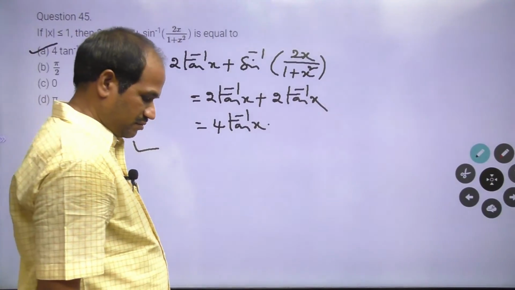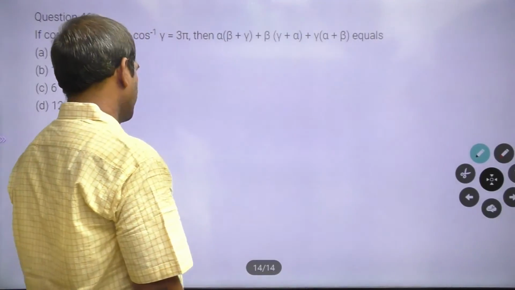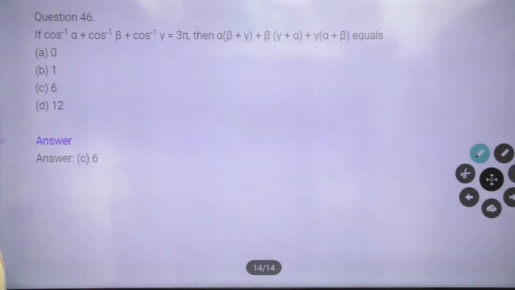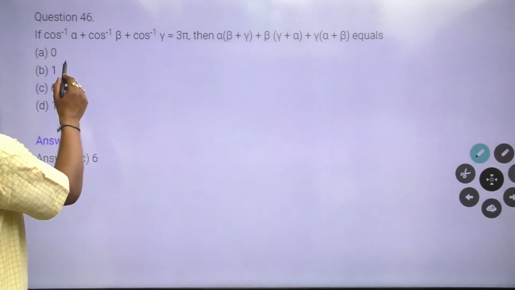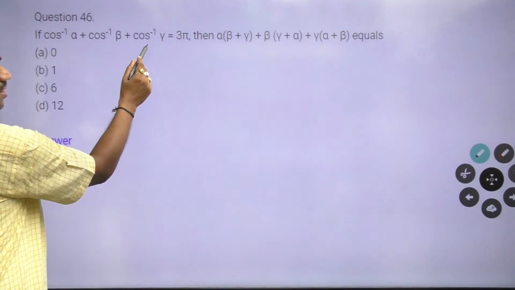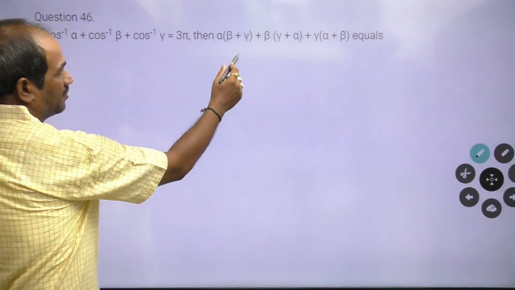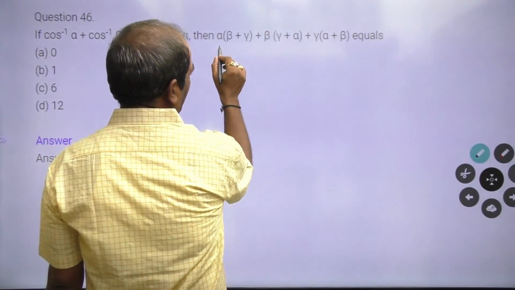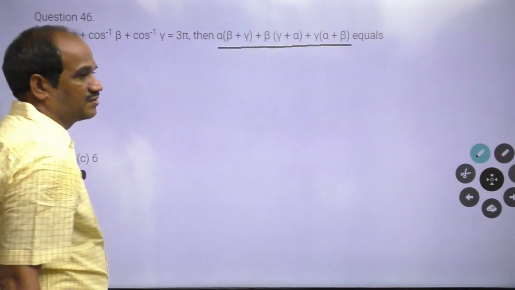Next problem. If cos inverse alpha plus cos inverse beta plus cos inverse gamma is equal to 3 pi, then find alpha into beta plus gamma, plus beta into gamma plus alpha, plus gamma into alpha plus beta.